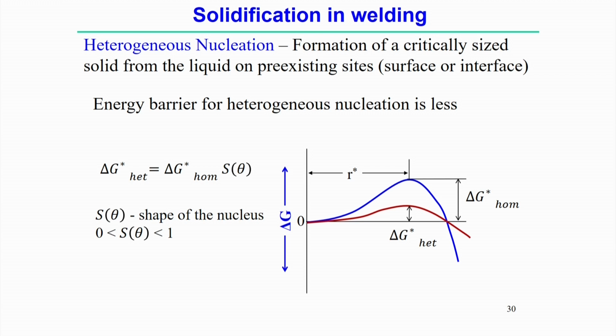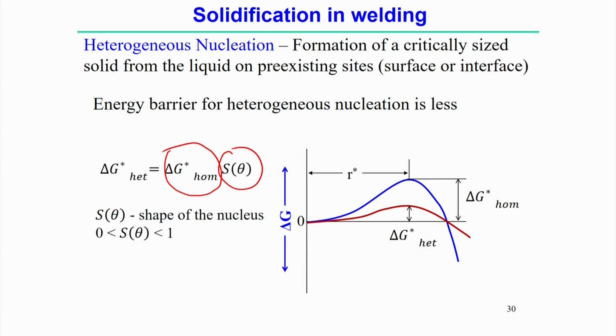So, if we represent the optimum amount of energy required in the case of the heterogeneous nucleation process, it is the optimum energy required for the homogeneous nucleation process multiplied by some factor S, which is a function of theta.